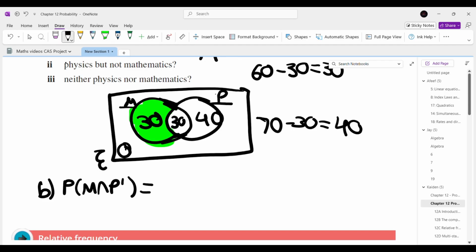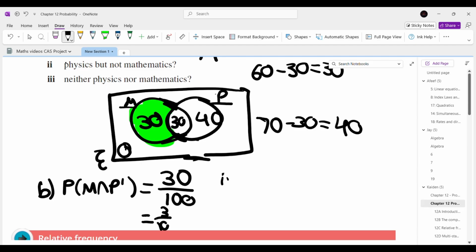We don't count the intersection, where the 30 students that study math, this is not counted because they would be a part of physics. So the probability of math and not physics is just 30 over 100, which equals 3/10.